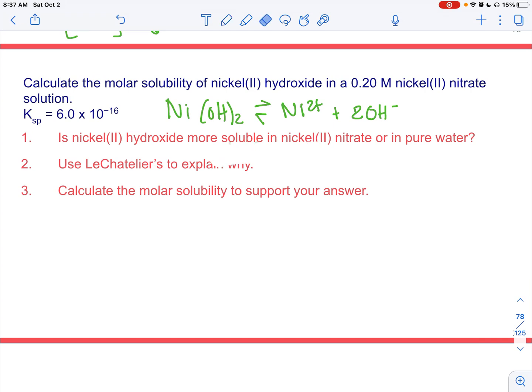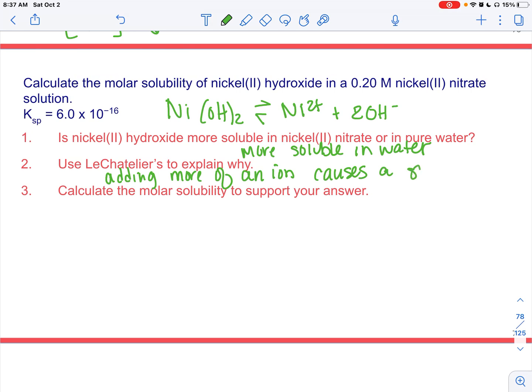Whoops, that's not what the question asked. More soluble in water. So then your explanation would be adding more of an ion causes a shift left, less dissolved, or something like that.